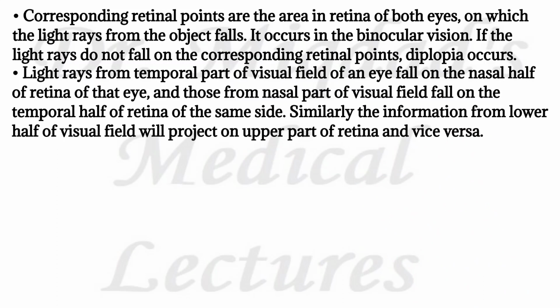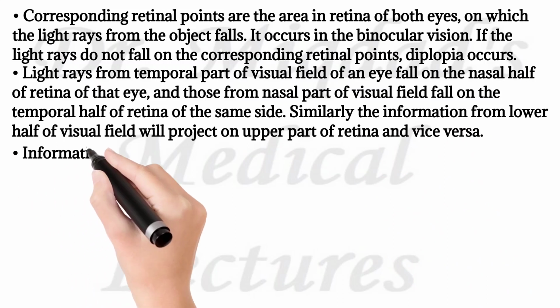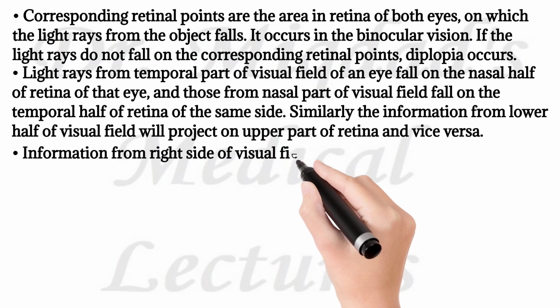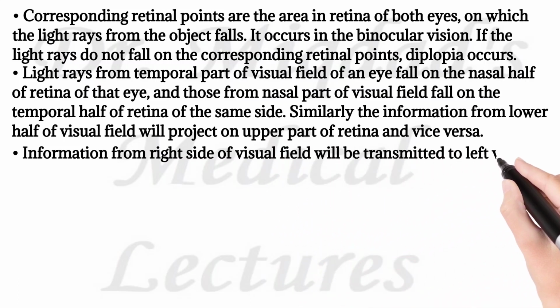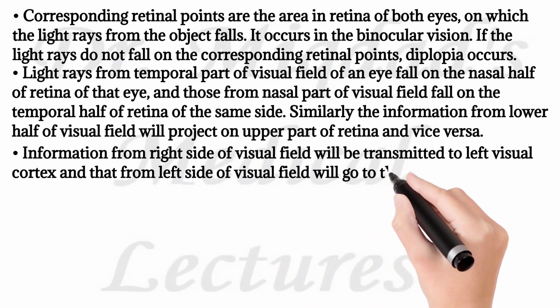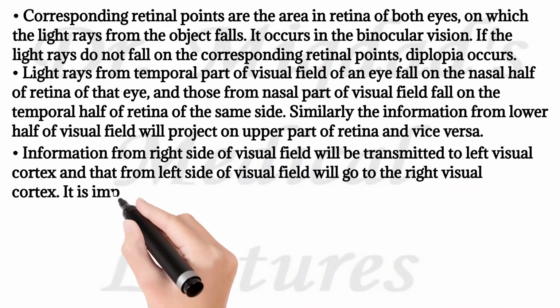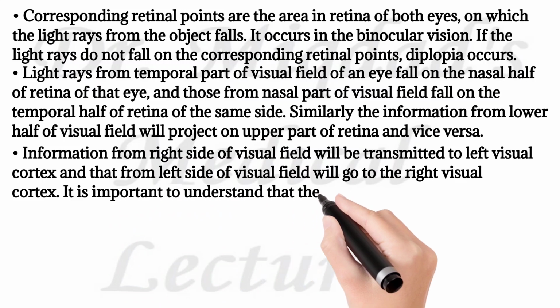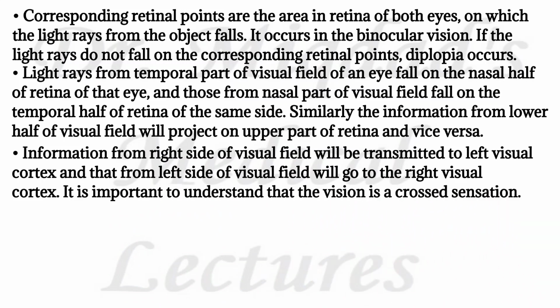Another important concept is that the information from the right side of the visual field will be transmitted to the left visual cortex, and that from the left side of the visual field will go to the right visual cortex. It is important to understand that vision is a crossed sensation.